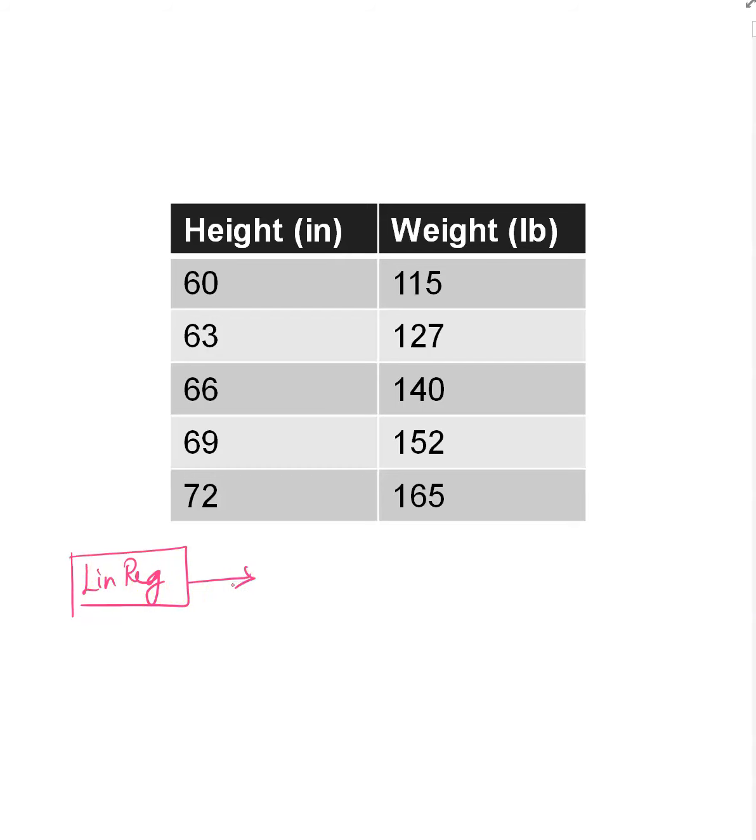When you hit enter at LinReg, go to number 4 and hit enter, and there it says XList. Okay. So because I'm asking you to enter this in L1 and this in L2, right? So I'm going to ask you to put the XList as L1 and the Y list as L2. You have to enter those two.